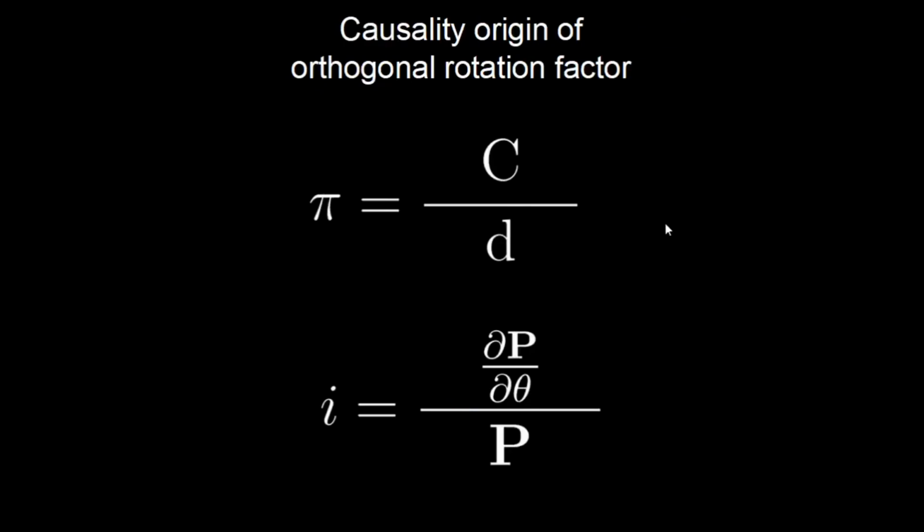Since the ratio of a circle's circumference c to its diameter d is a constant, this leads to the definition of pi. Pi is defined as the ratio of circumference c to diameter d. Both c and d are variables, but their ratio pi is a constant.